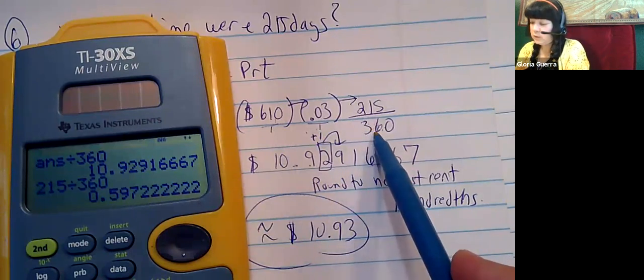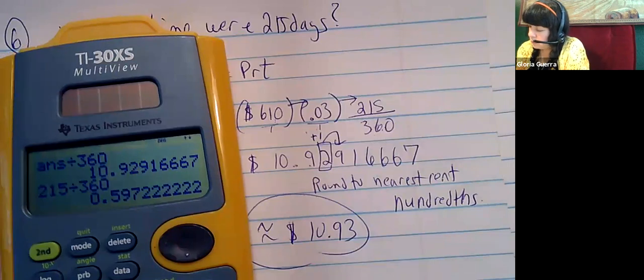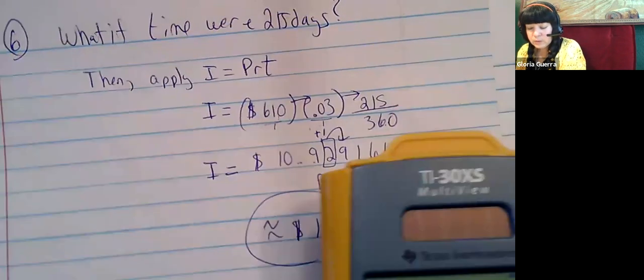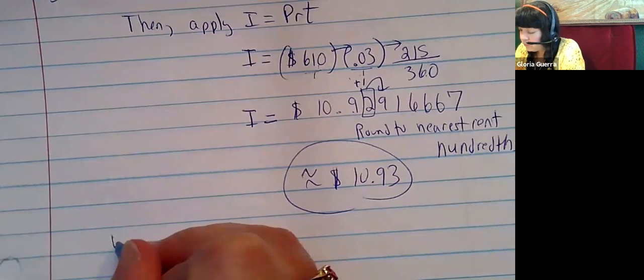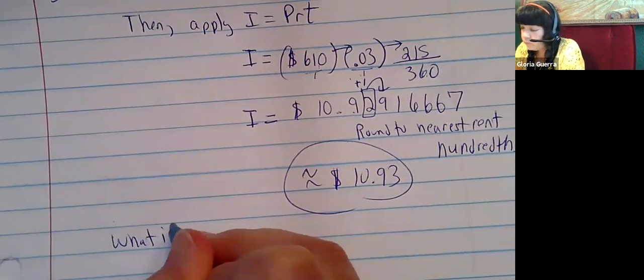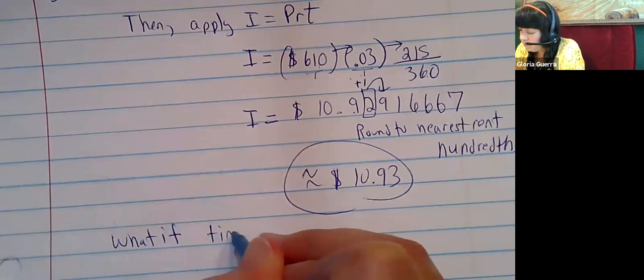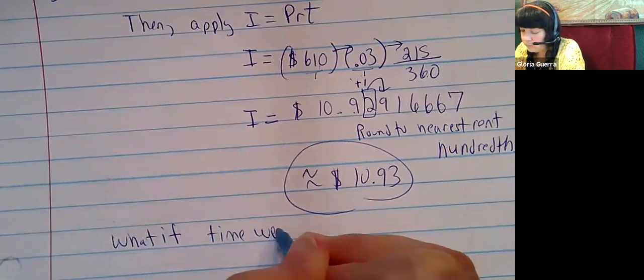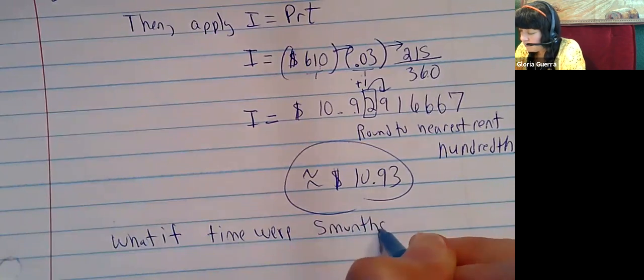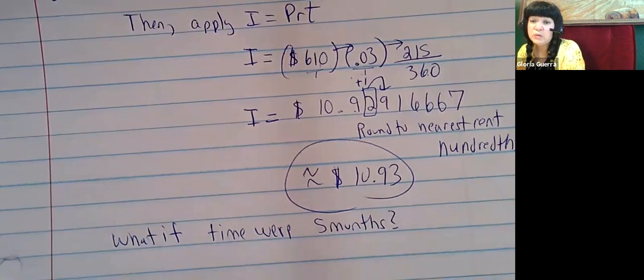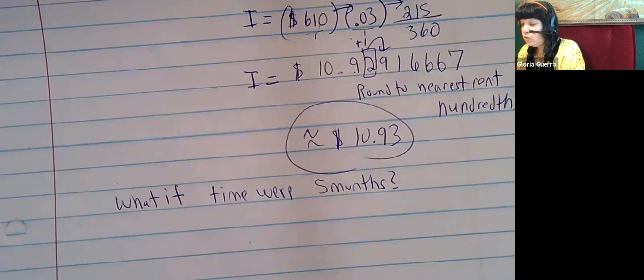Okay. So now, what if time were 5 months instead of 2 years? You don't want to put t times 5.